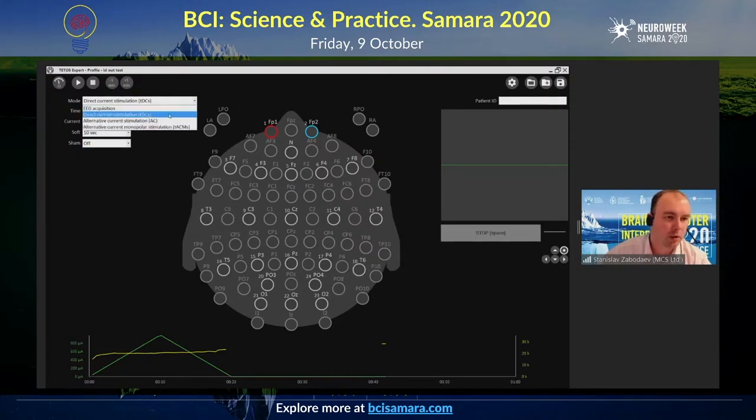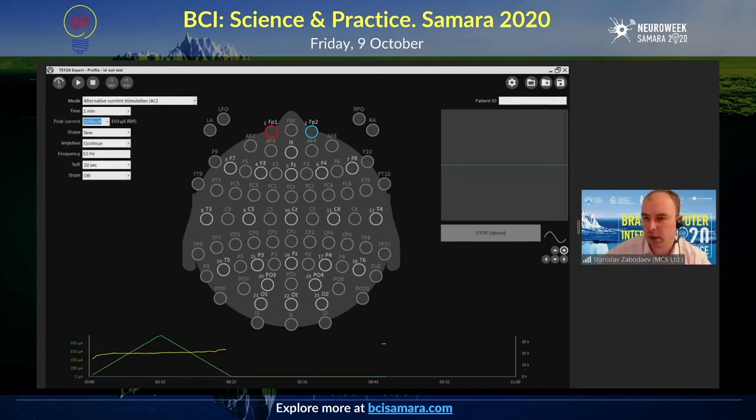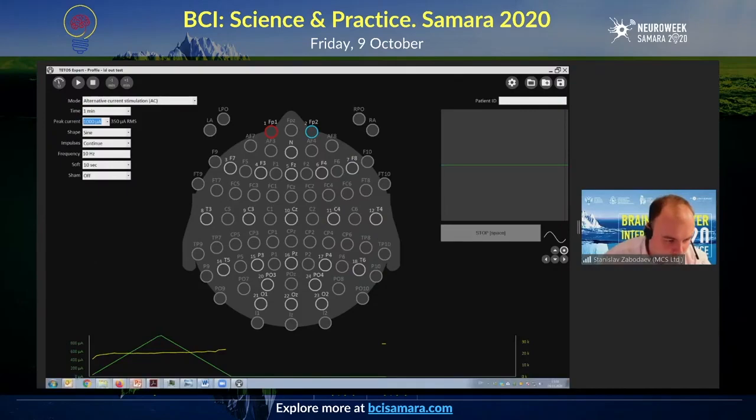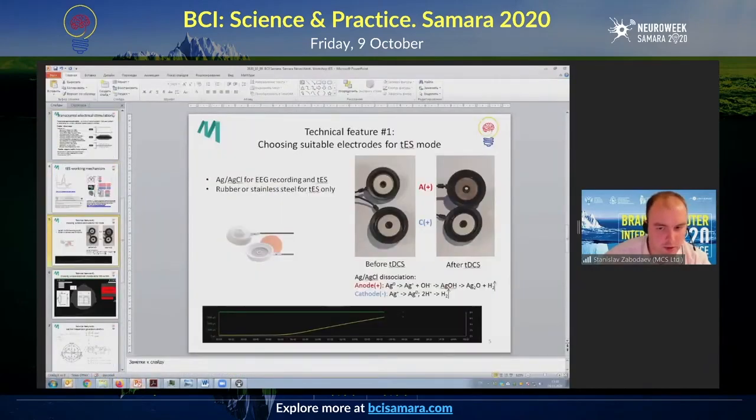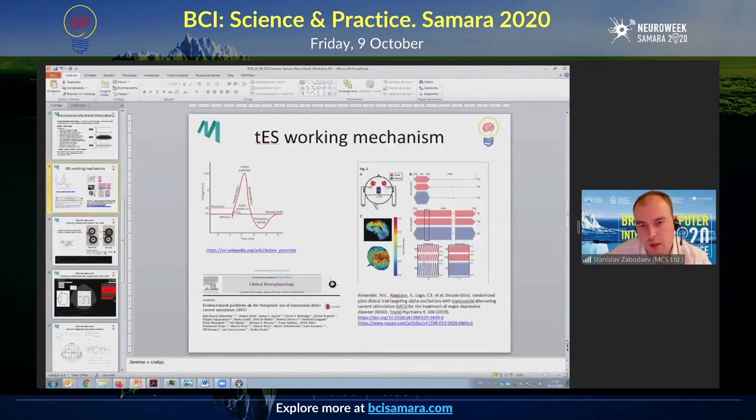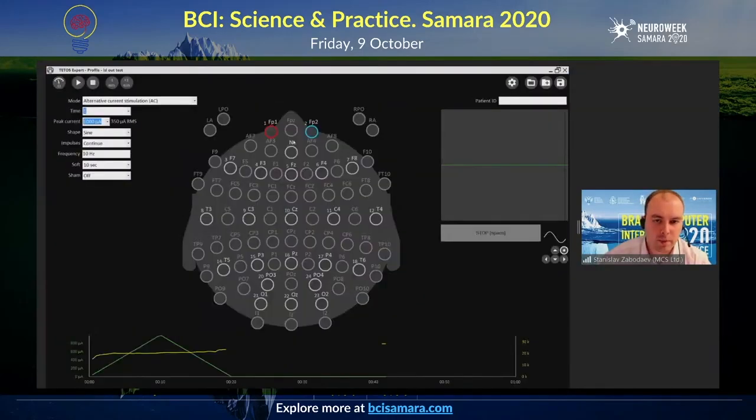Okay, I think it's pretty much clear when it comes to DC stimulation. Let us switch to AC stimulation. Let's say we want to replicate the same mode that I showed you in this Nature article. Let's say F3, F4 connected to the anode, CZ connected to the cathodes, and we use 2 milliamperes in total.